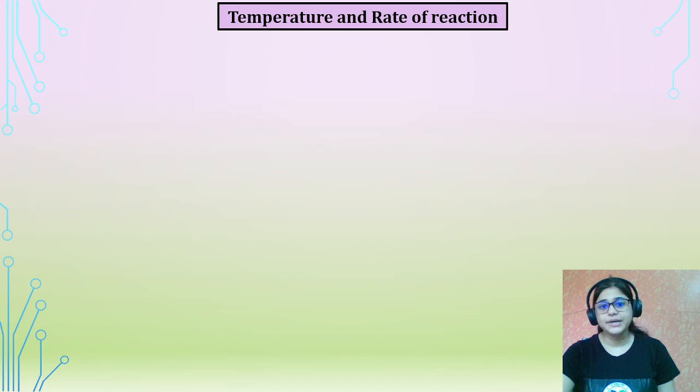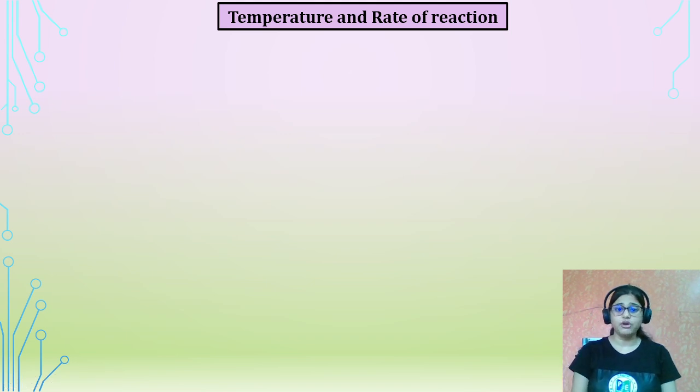First, temperature and rate of reaction. I have previously told you that rate of reaction actually depends on various factors, right? So previously, when we were studying the rate law, we understood that the rate of reaction is proportional to the concentration of reactant molecule, right?